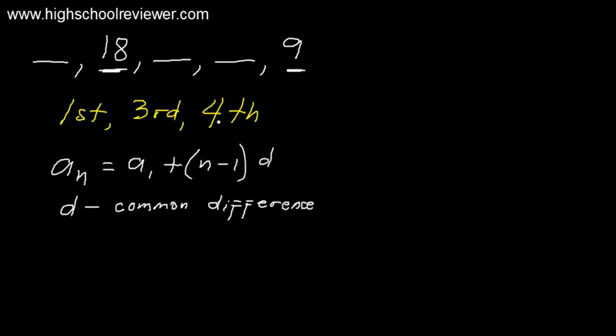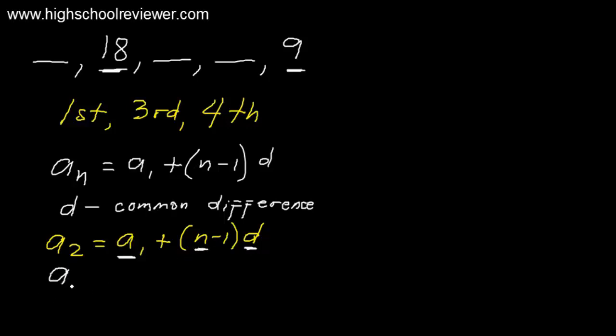The equation for the second term, a sub 2, equals a sub 1 plus n minus 1 multiplied by d. Now, we do not know the value of d and we do not know the value of a sub 1, but we know the value of n.